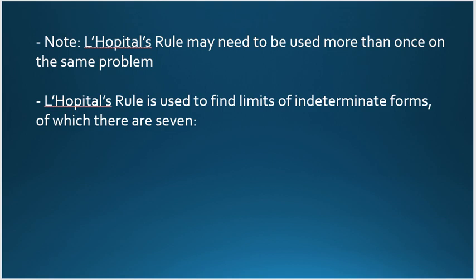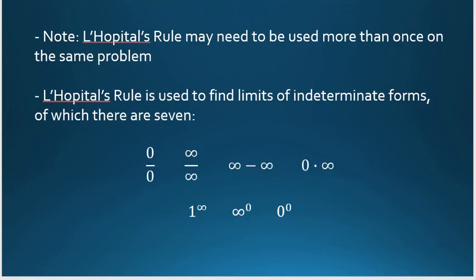In total, there are 7 of these forms, which you see here. 0 over 0, infinity divided by infinity, infinity minus infinity, 0 times infinity, 1 to the power infinity, infinity to the power 0, and 0 raised to the power 0.